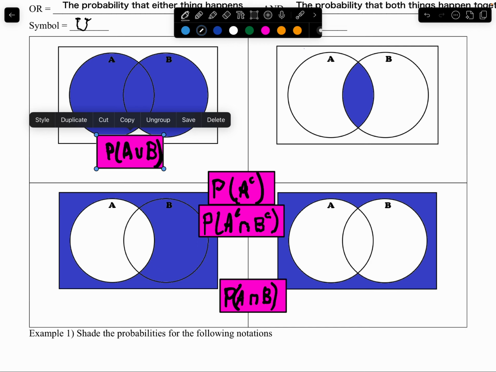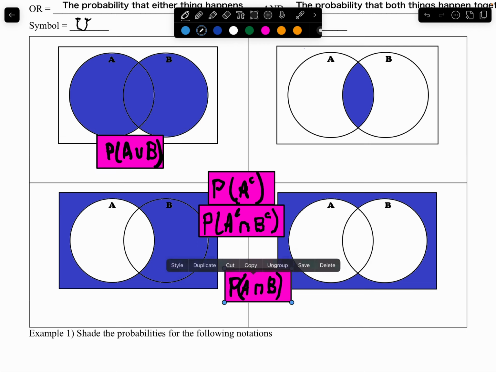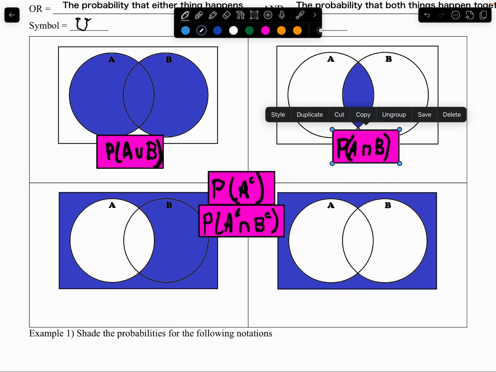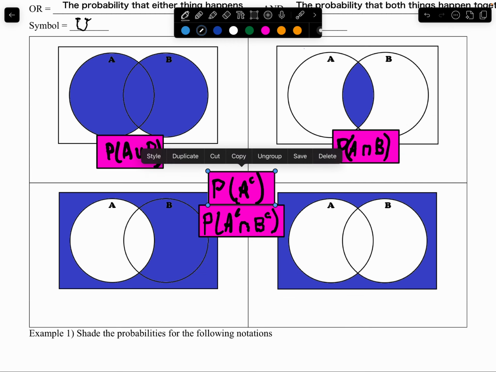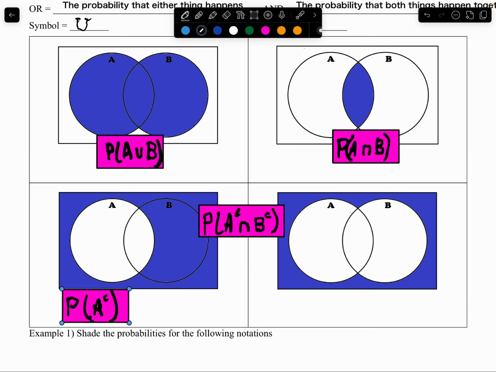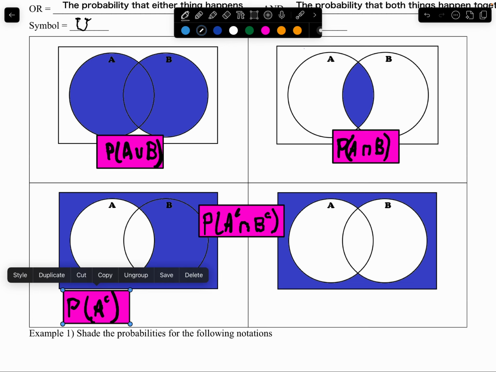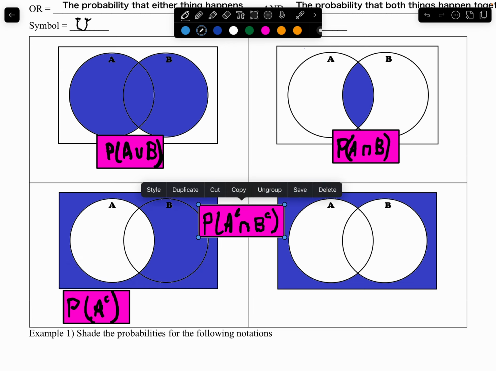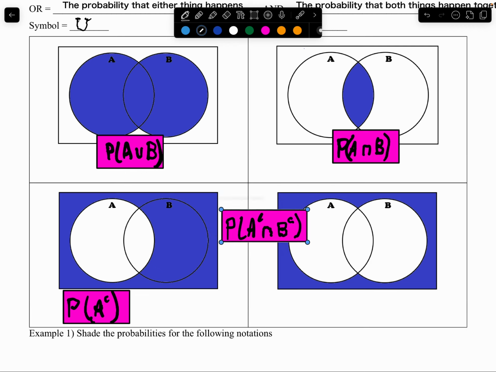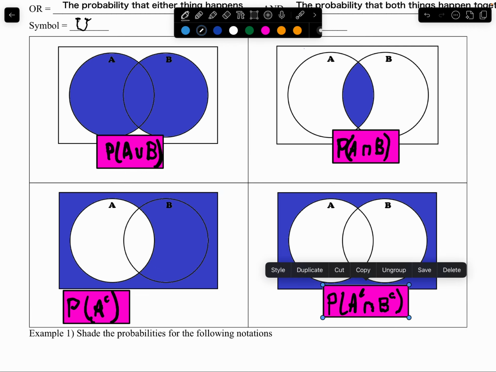So this would be the correct one. You might have guessed this is where both A and B happen, in the middle, in the intersection. The C, remember, means not. So the probability that A does not happen, you may have guessed, is where A isn't shaded. And this is the probability that A doesn't happen, and also the probability that B doesn't happen.